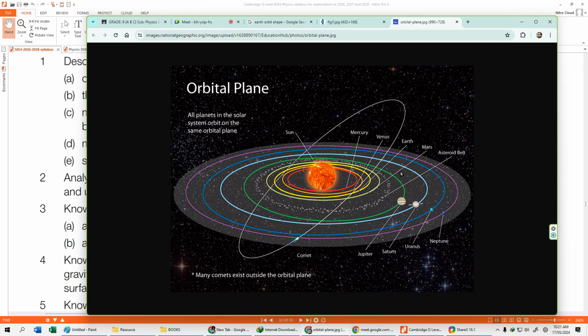The orbital shape of the planets is pretty circular, but not perfectly circular, quite circular, almost circular, you can say. Whereas the orbits of the comets are highly elliptical. They are extremely energized and they move like this. So that's a bit of an observation of where the comets are. Many comets exist outside the orbital plane.